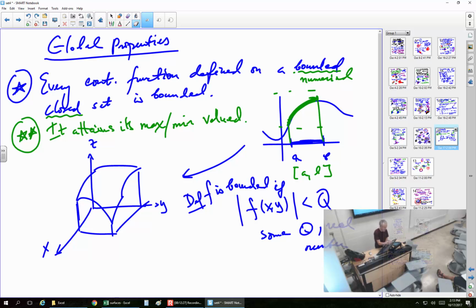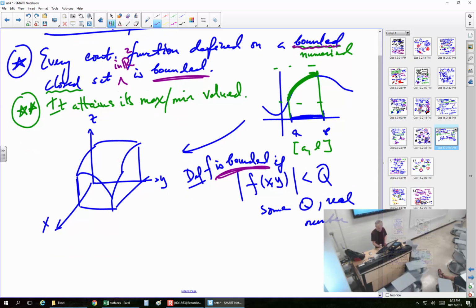We have two words, bounded. So I did the last one, where I was talking about the function being bounded. But then I have bounded over here, the boundedness of a set in R2. So I'm talking about the part of the domain of the function, and once again it has to be, as I said, bounded and closed. Bounded is not very hard to define.